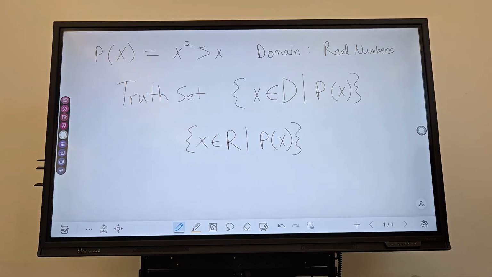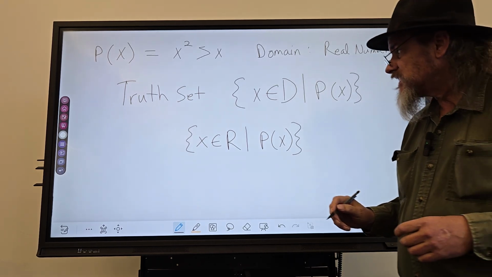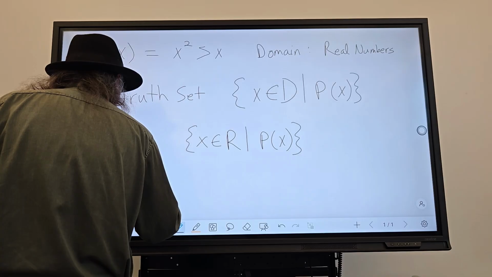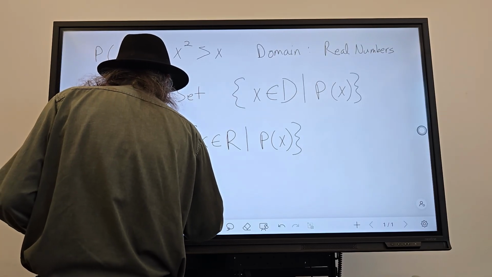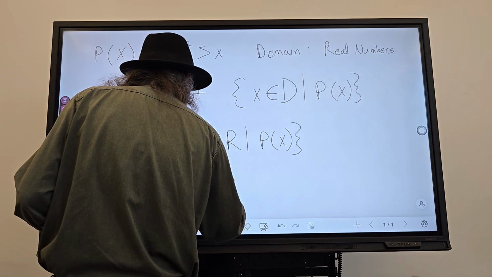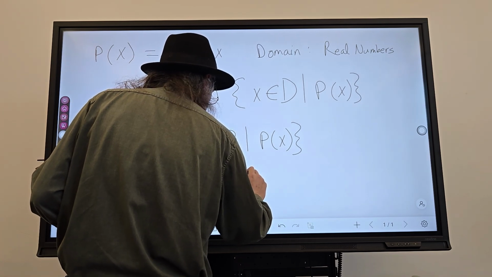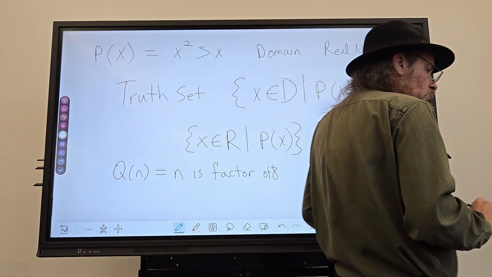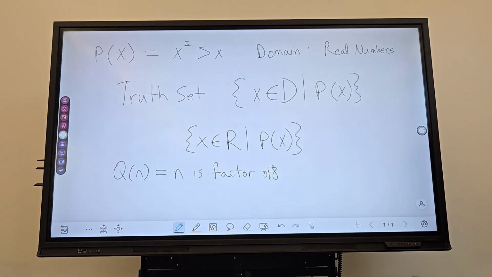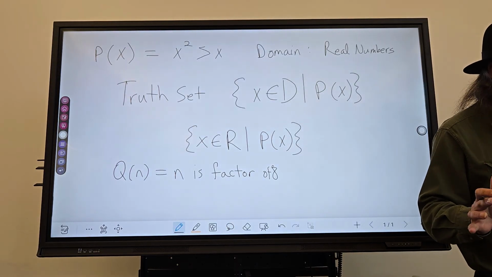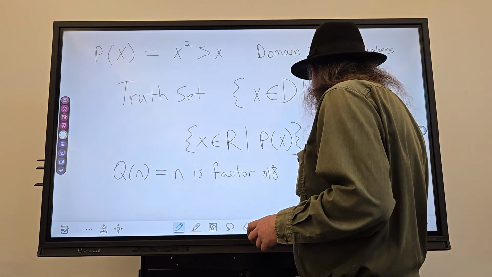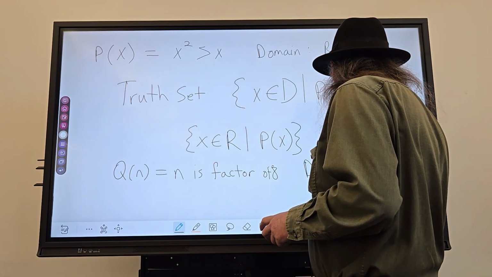How about Q of n is the predicate, n is a factor of 8. What is the truth set of Q of n if the domain is Z? The domain is the set of integers.